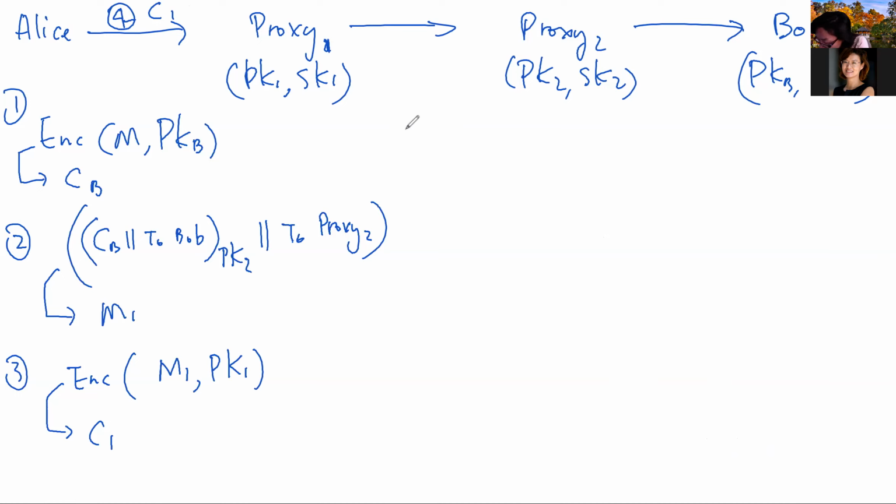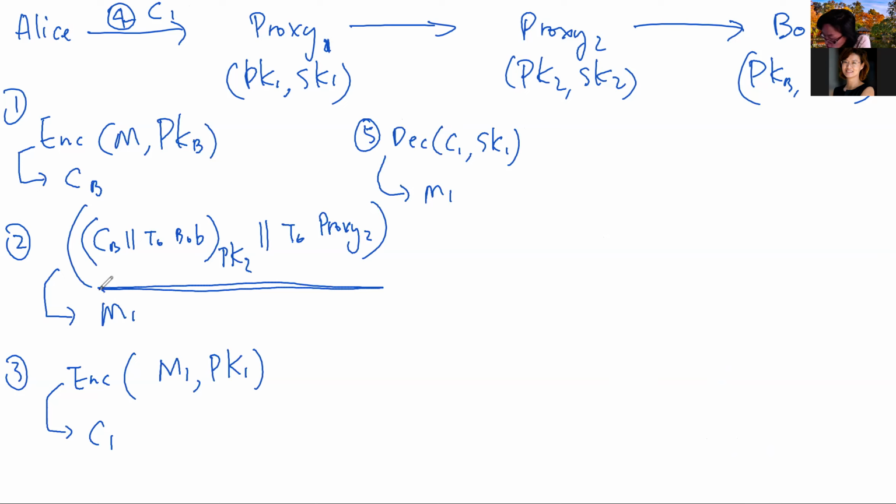Okay, and then when proxy 1 receives it, step 5, of course, is decrypt C1 with the key. This will get M1, and M1 is this whole thing. And so proxy 1 knows, oh, I have to route this big chunk, okay?